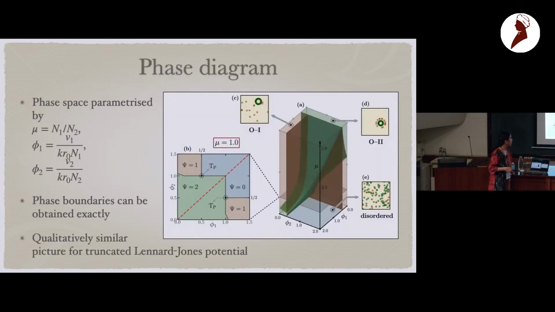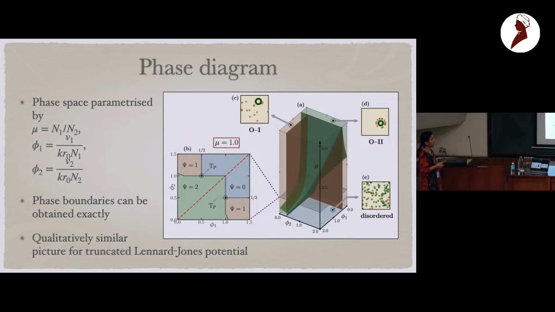For this harmonic case, Debraj could calculate the phase boundaries exactly by looking at static assemblies and force balance. Our phase space is characterized by three parameters: mu, the ratio of n1 and n2, the two particle species numbers, and phi 1, which is the self-propulsion velocity of that species divided by k r naught n1.